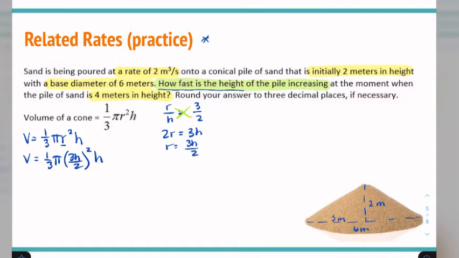Now before we go and do anything with derivatives, I need to simplify this because this is an absolute mess and this is going to be hard to take the derivative of.